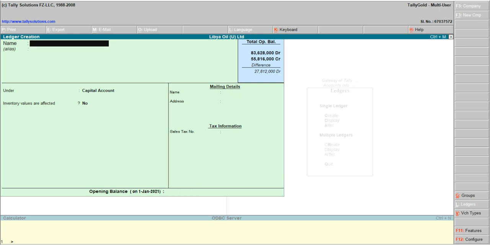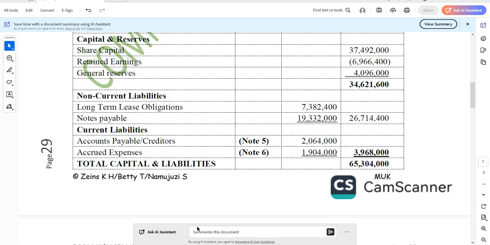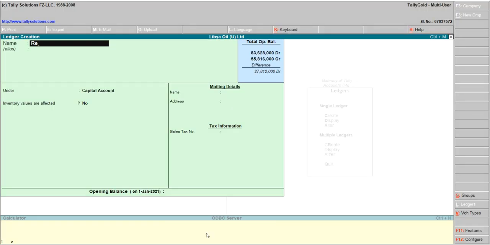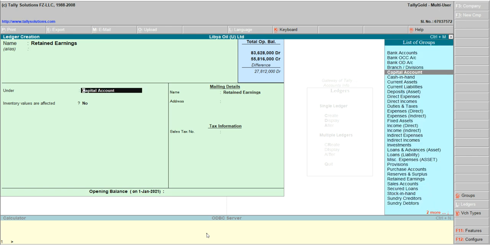Then next you have retained earnings. Look at the retained earnings: the opening balance is in brackets, so these are losses. Then for retained earnings, you are going to use reserves and surplus.